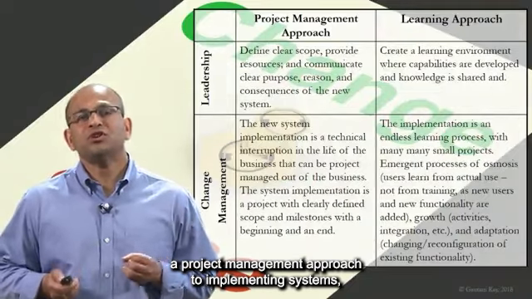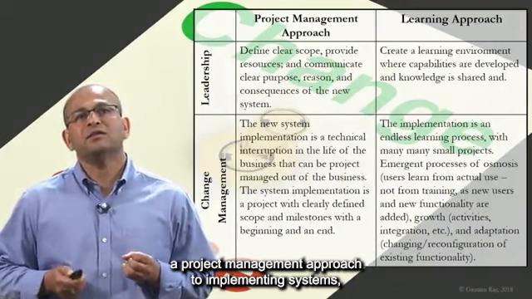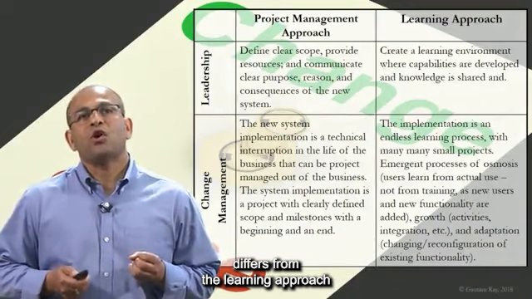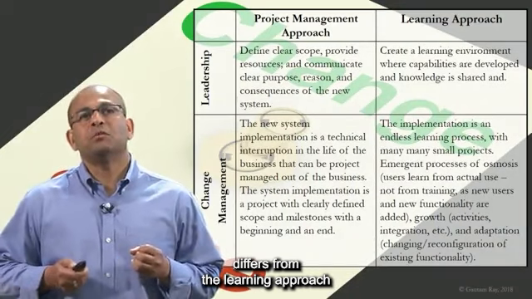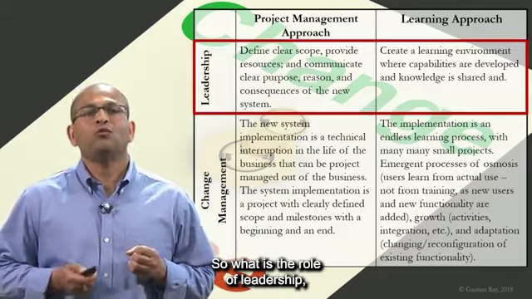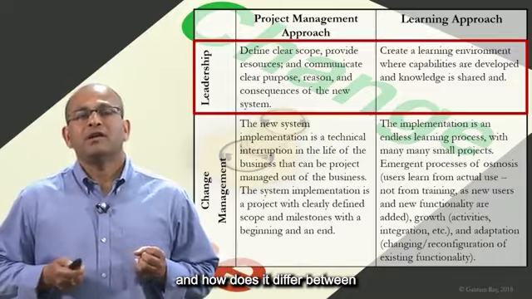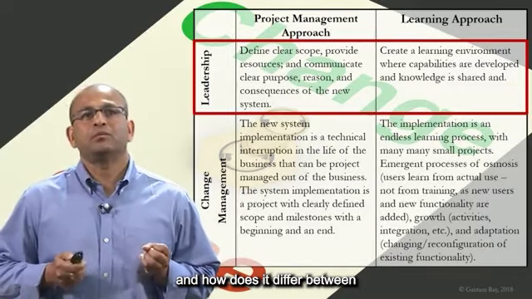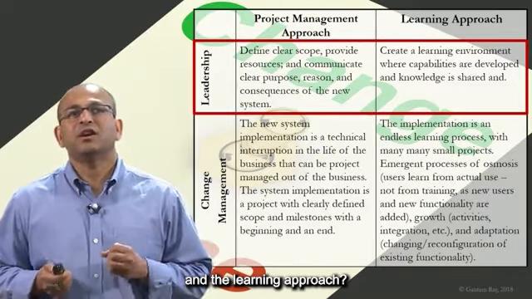So we will look at how a project management approach to implementing systems differs from the learning approach to implementing new systems. So what is the role of leadership and how does it differ between the project management approach and the learning approach?